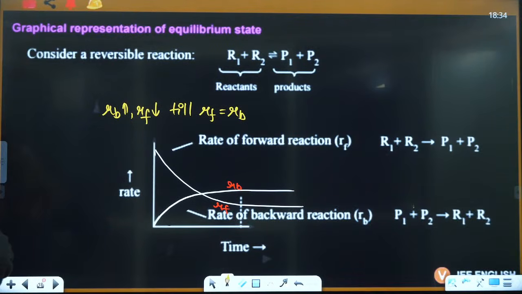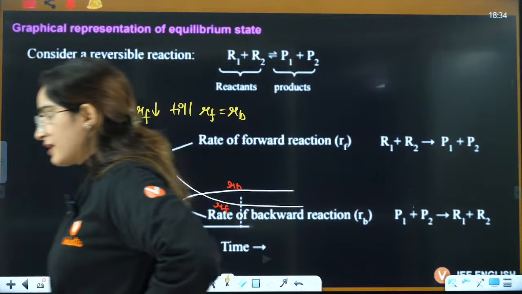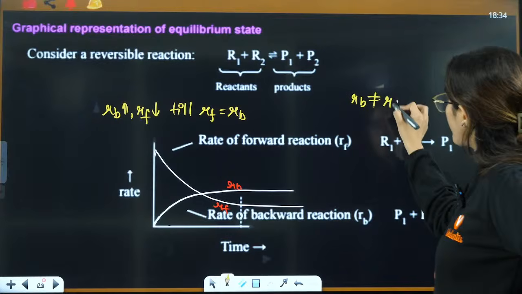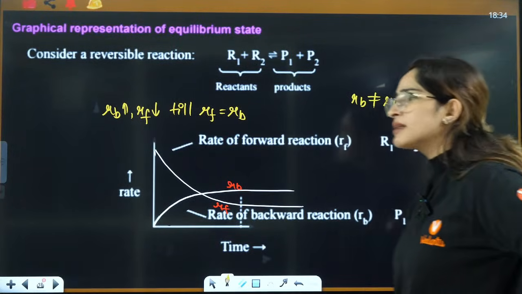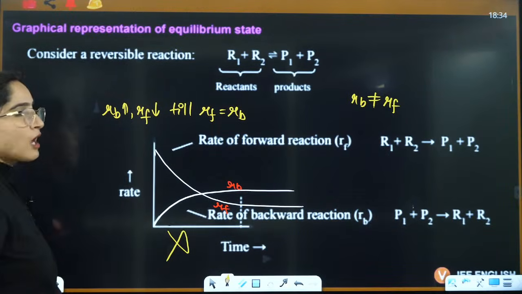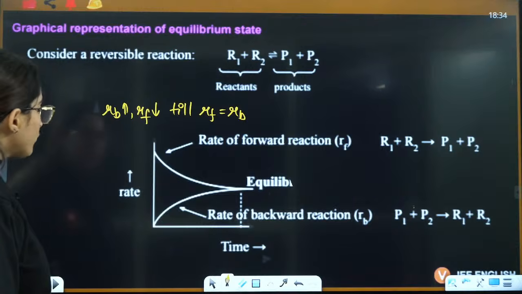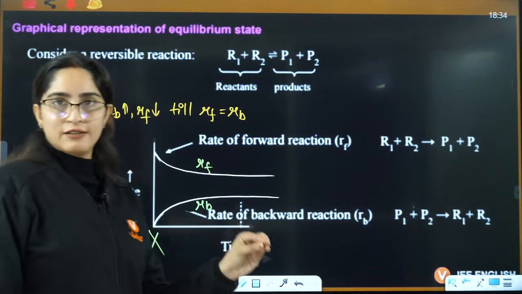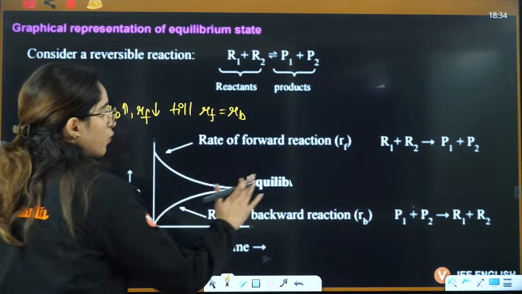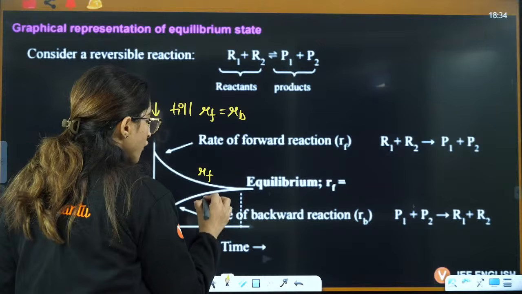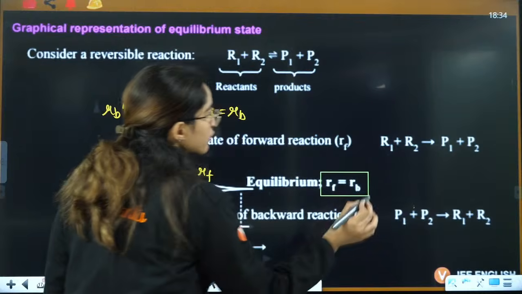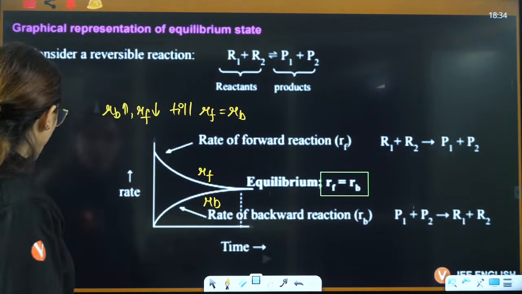Rate of backward is not equal to rate of forward. Then how can you say this is a graph of equilibrium? Definitely not. So when you draw the graph of rate versus time, forward and backward should be the same. Only if rate of forward is equal to backward will we say equilibrium has been achieved. Otherwise, it has not.